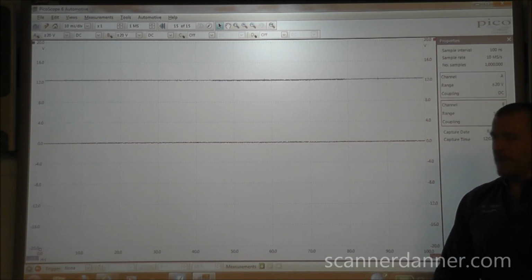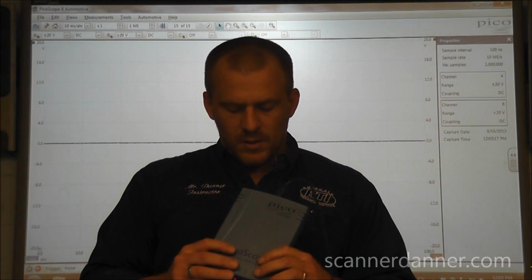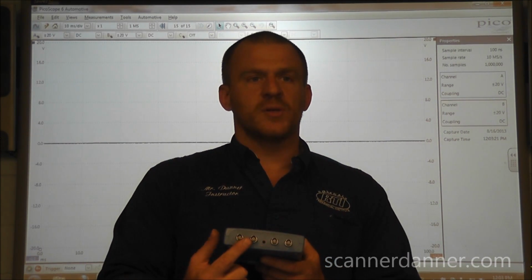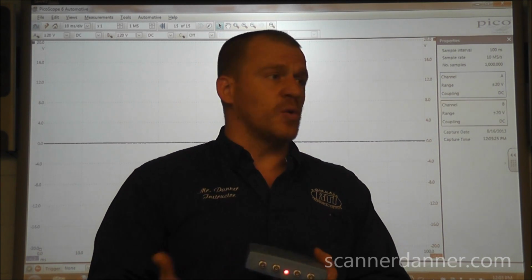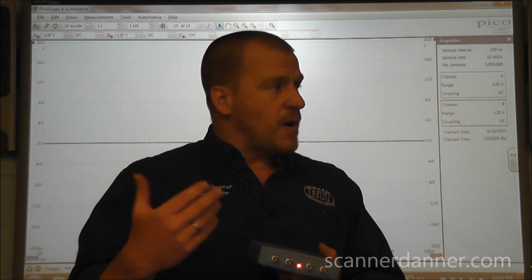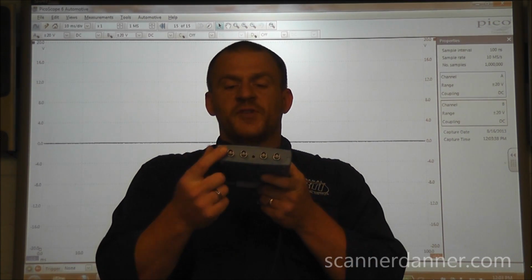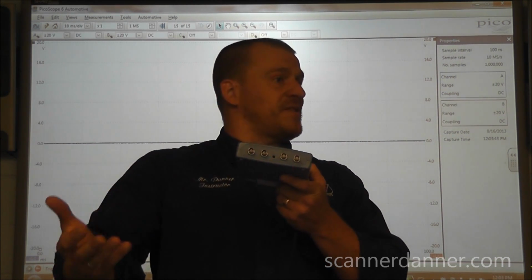And really what we're talking about here, let me get you a picture of this. What we're looking at with this Pico is 4 different channels. And really the way that you can think about this is it's just a glorified voltmeter. If you know how to use a voltmeter, you'll know how to use a scope. And so we have 4 different channels. Think of this as 4 different voltmeters that you can use at the same time.